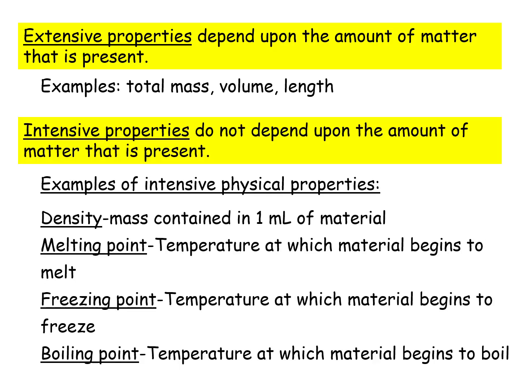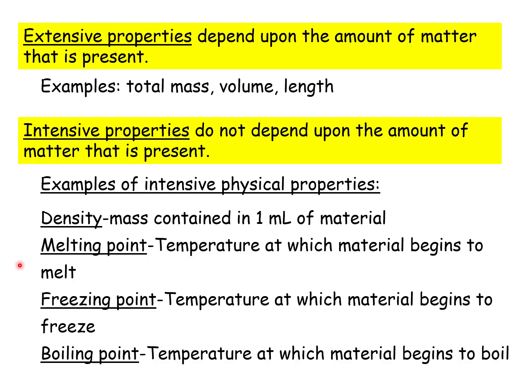Intensive properties are ones that do not depend upon the amount of matter that's present. Some of them are ratios. For example, density is a ratio of grams to milliliters, so that ratio is always going to be the same. It doesn't matter how much you have.